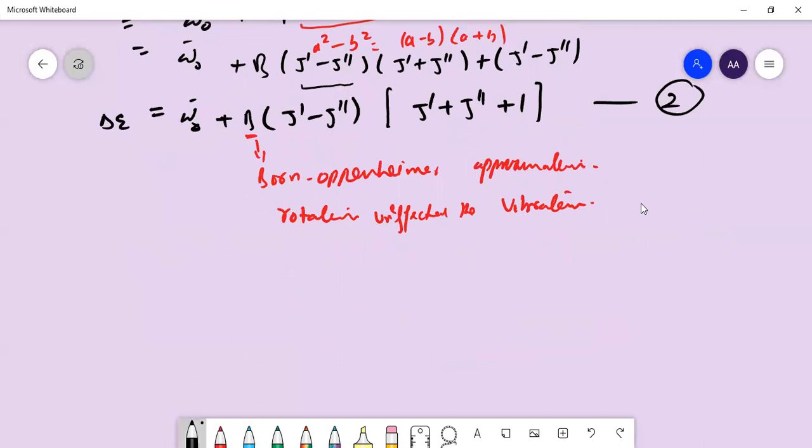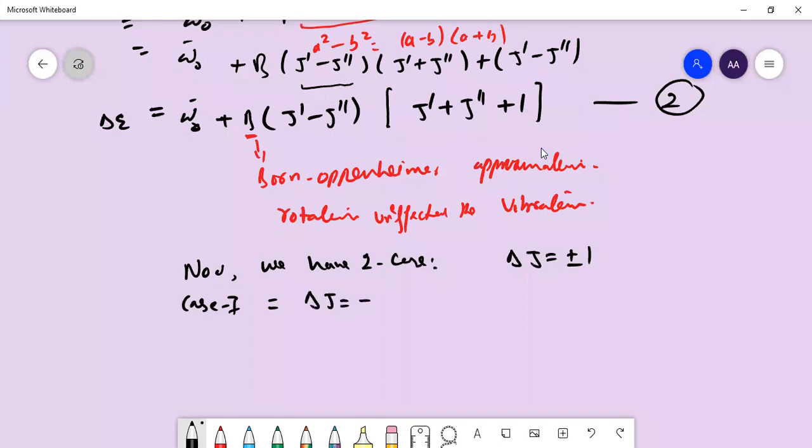Now here I can have two cases. Case number 1. What is our case number 1? What we can do here is, now we have a selection rule where delta J is equal to plus minus 1. That is the selection rule for a vibrational transition. So case number 1, I will consider delta J is equal to plus 1.